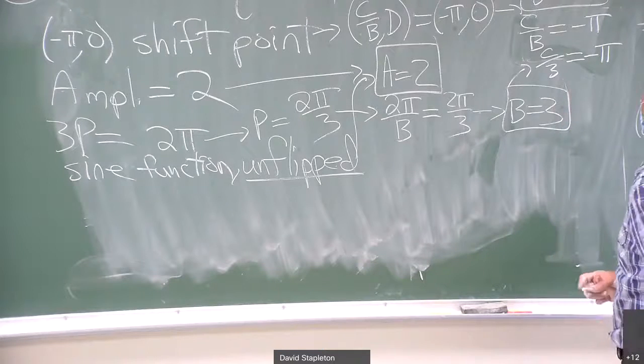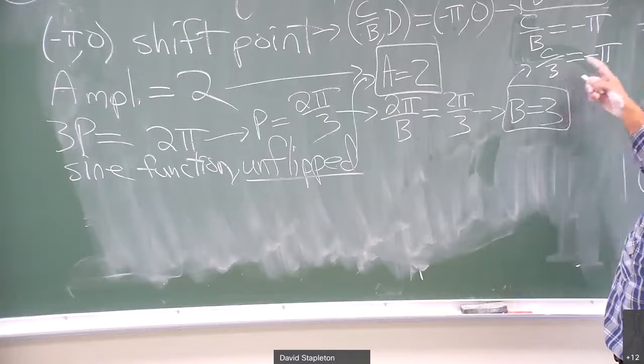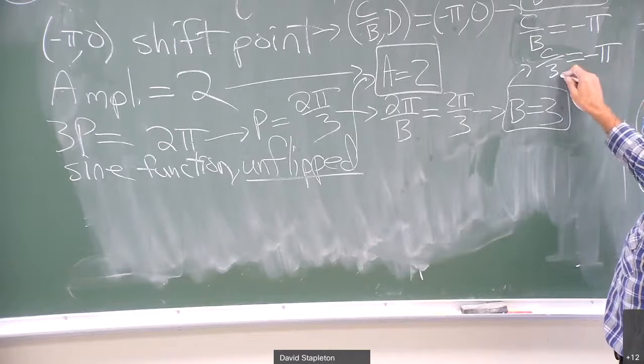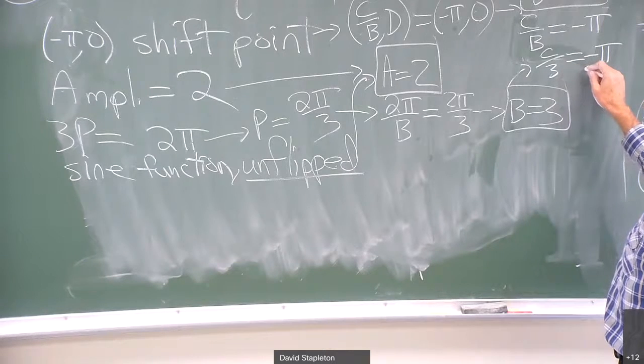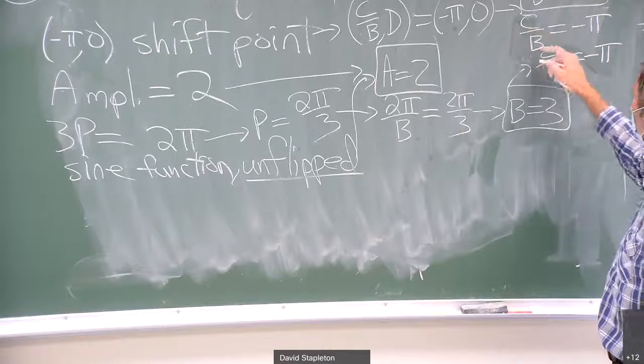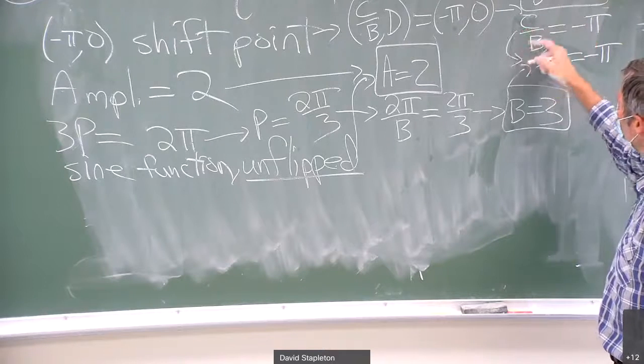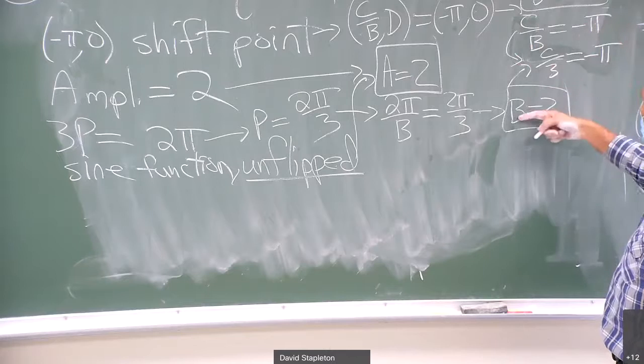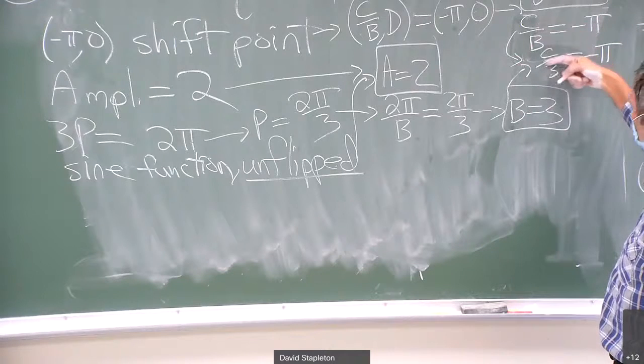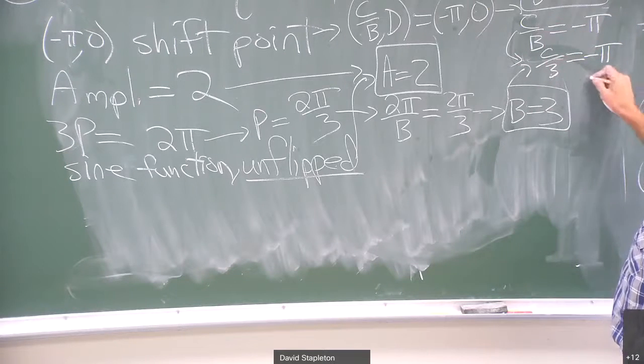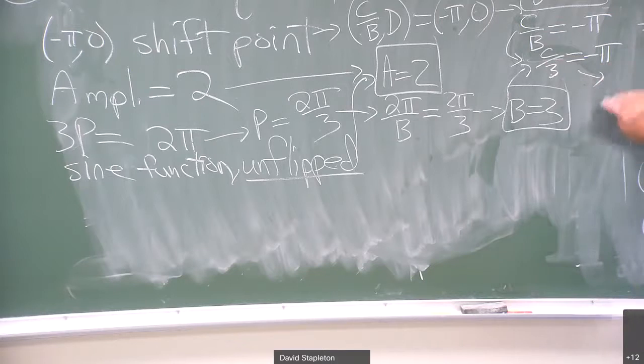Okay. So if c over 3 is minus pi, then you multiply that by 3. So I just put these two things together. C over b is minus pi, and b is 3. I just plug it in. So c over 3 is minus pi. That tells me that c is minus 3 pi. That's why it doesn't look right.